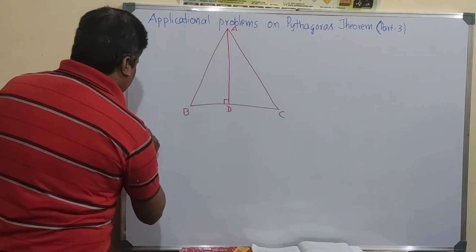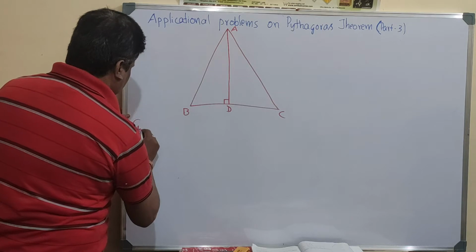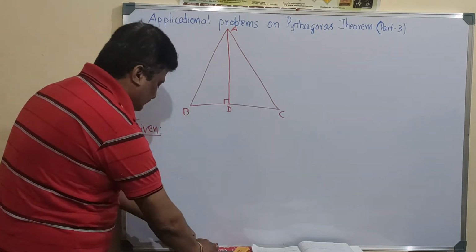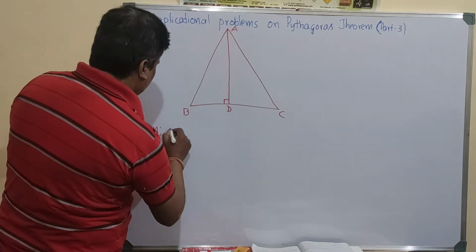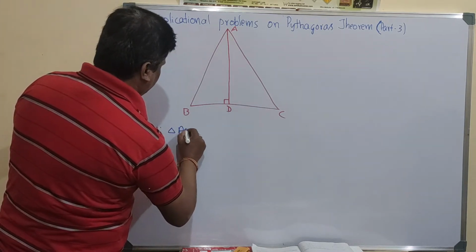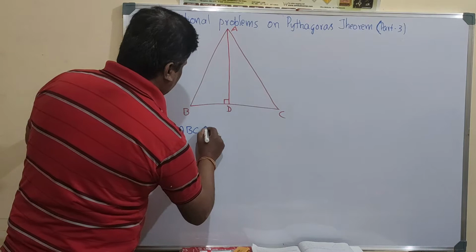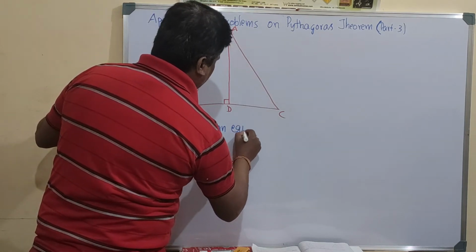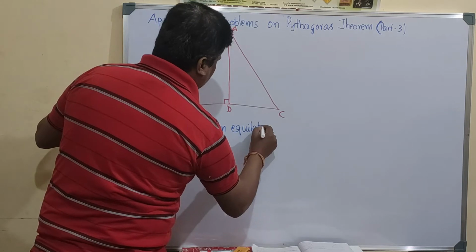So, what is given? Triangle ABC is an equilateral triangle.